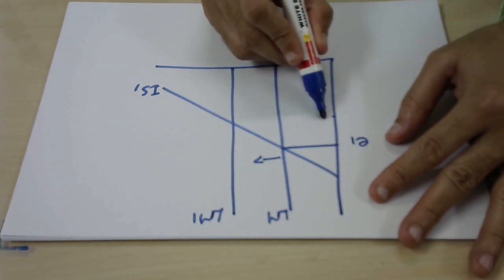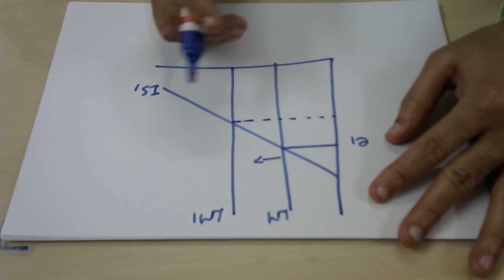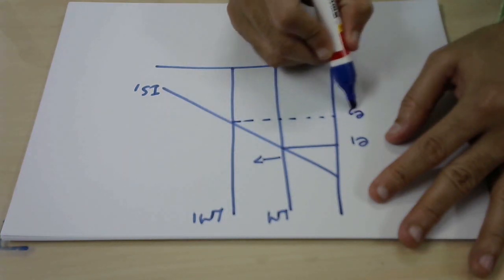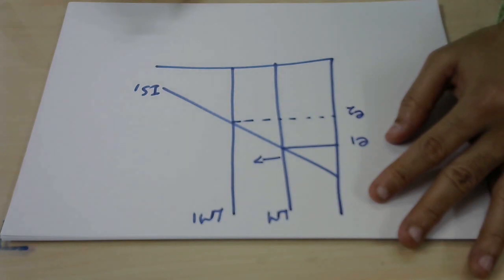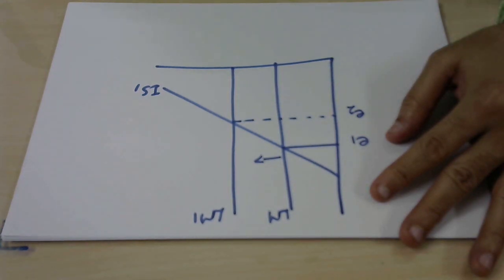Now because money supply has increased, the LM curve shifts to the right and the new exchange rate should be at E2. Now as the exchange rate has depreciated, people will use their money to buy dollars from the central bank.